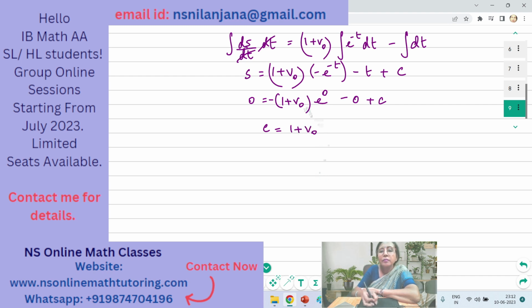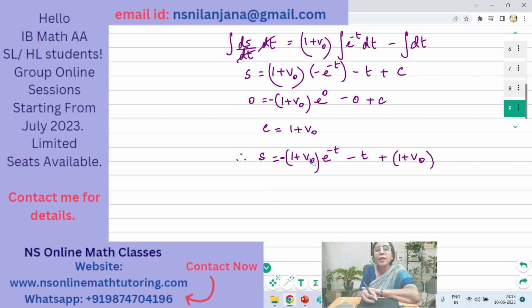Okay. Therefore, s is equal to negative 1 plus v0, e to the power of negative t, minus t plus 1 plus v0. Okay. So this is the expression for s.